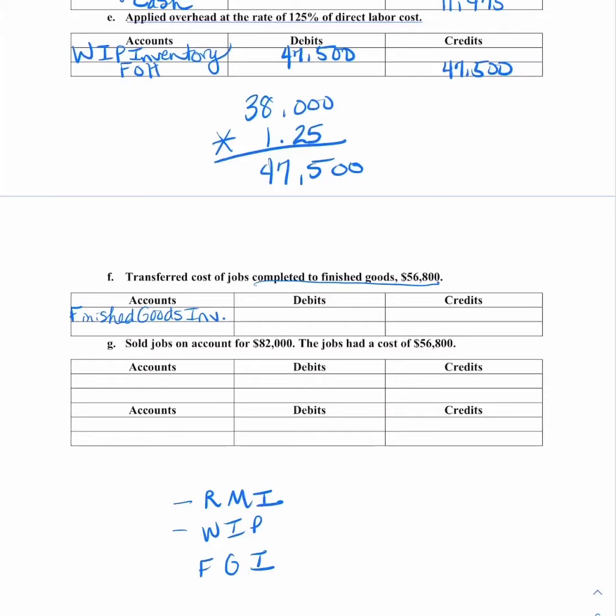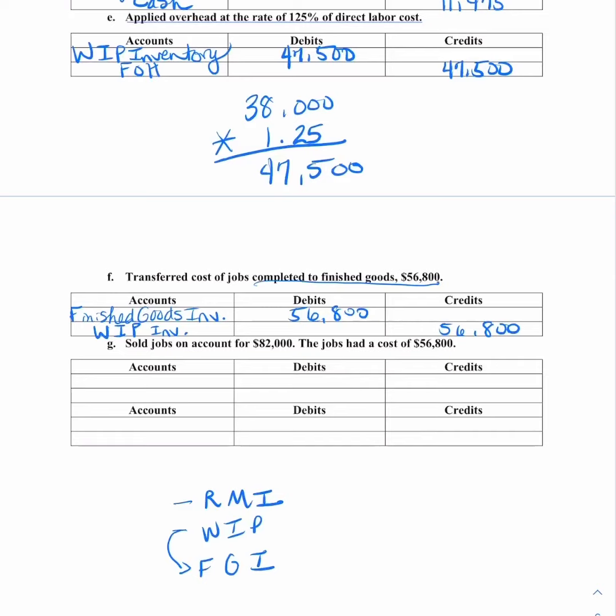And it wouldn't make sense to go straight from raw materials to finished goods, so it must be that it's coming from work in process to finished goods. So that tells me that my credit then is my work in process inventory, and both of those will be for $56,800.